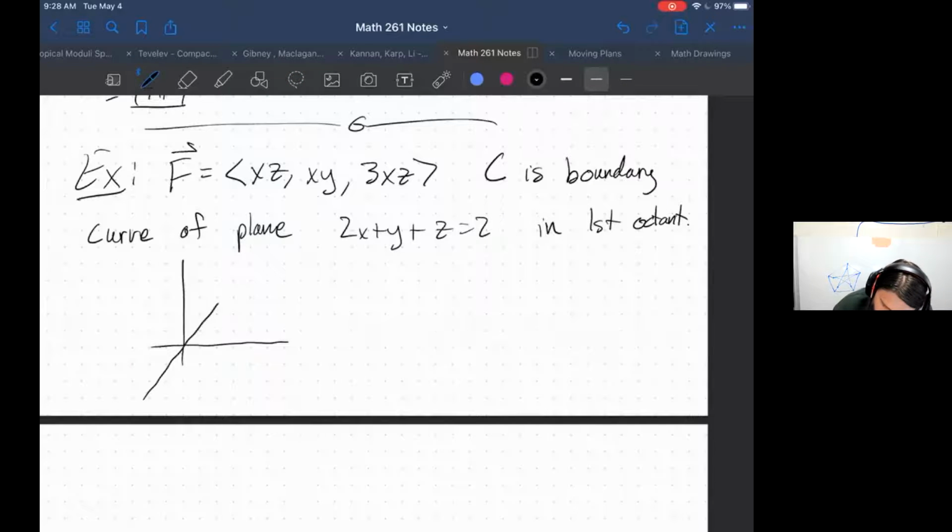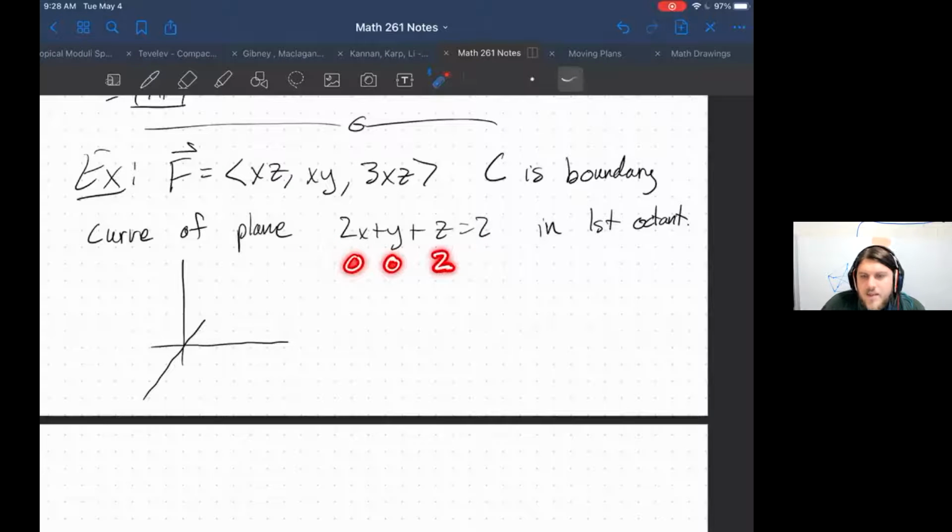Okay. So just looking at this plane, if we're looking kind of in the first octant, right, we can look at the points like 0, 0, 2, for instance, and graph these points.